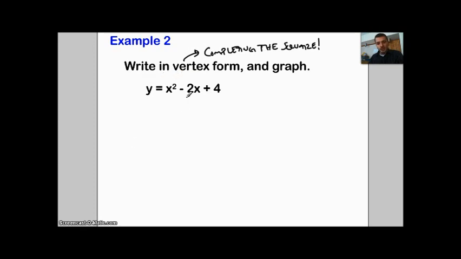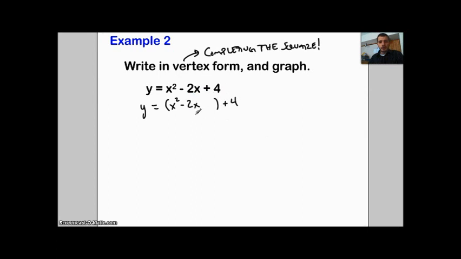In this case, the b here is -2. So I'm going to rewrite this: y equals parentheses x squared minus 2x, and then leave some room. And I'm going to write the +4 on the outside.